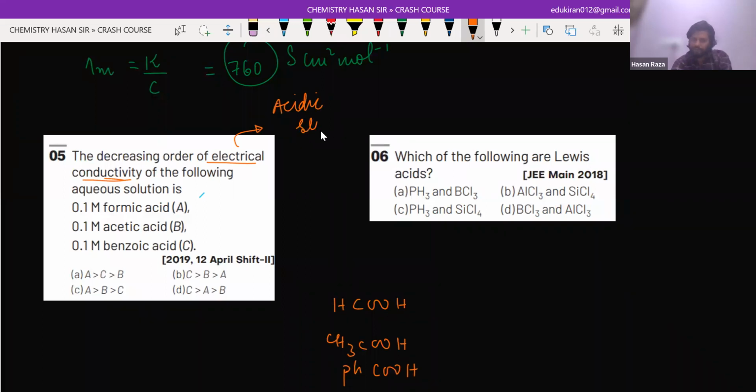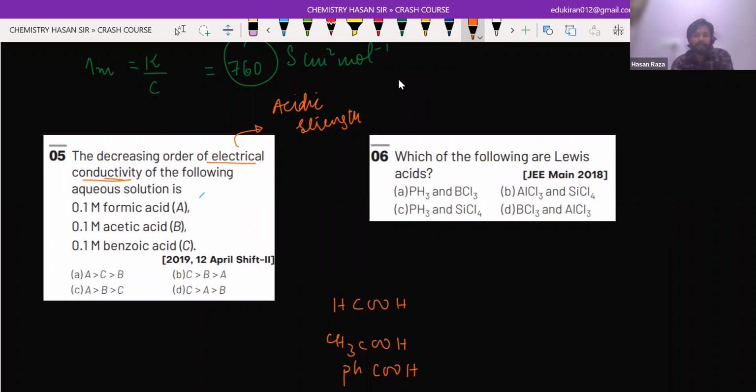If a substance is more acidic than another substance, that means that substance will easily give H plus. That means it will ionize fast and it will conduct more. Are you getting my point, Krishna, Rehan, Adriel, Priya? Yes. Marita? Yes.